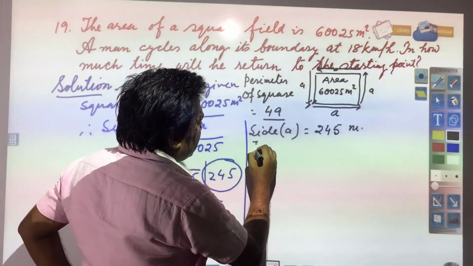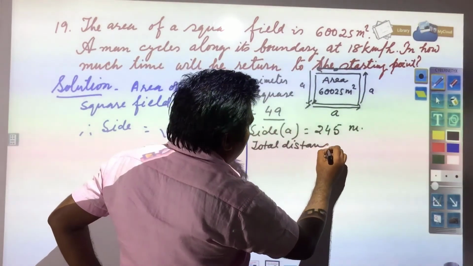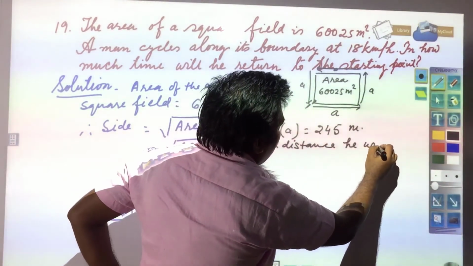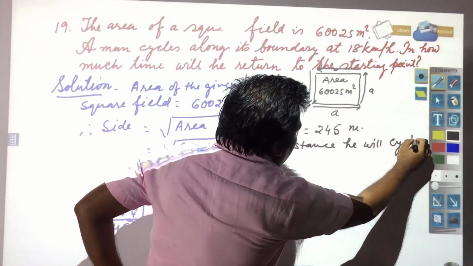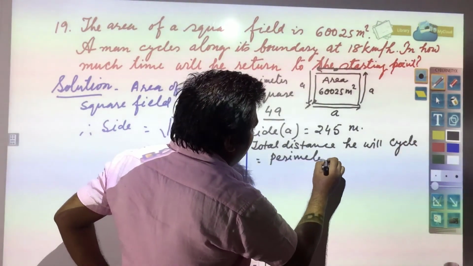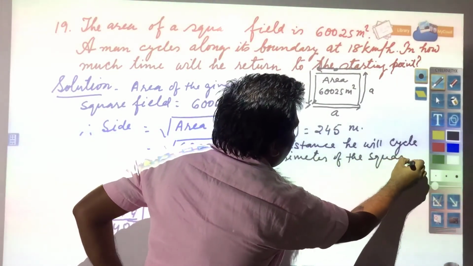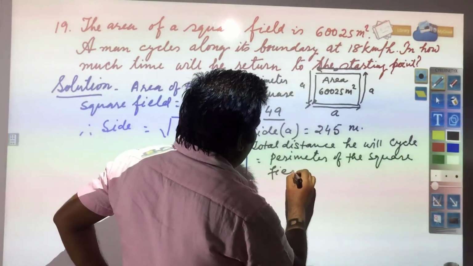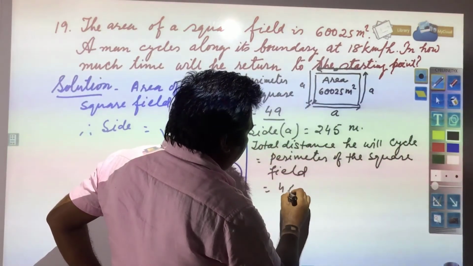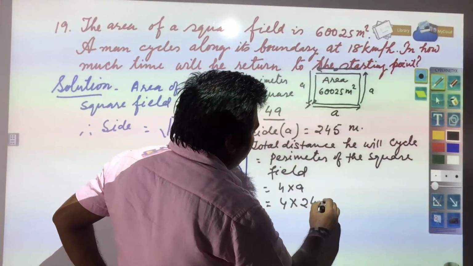Total distance he will cycle or cover will be perimeter of the square field, and that will be 4 into A, it means 4 into 245.